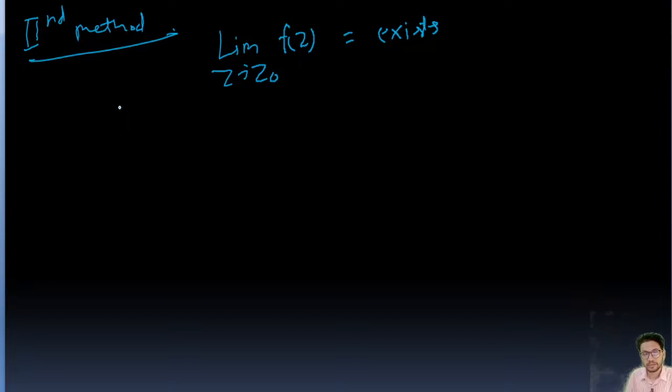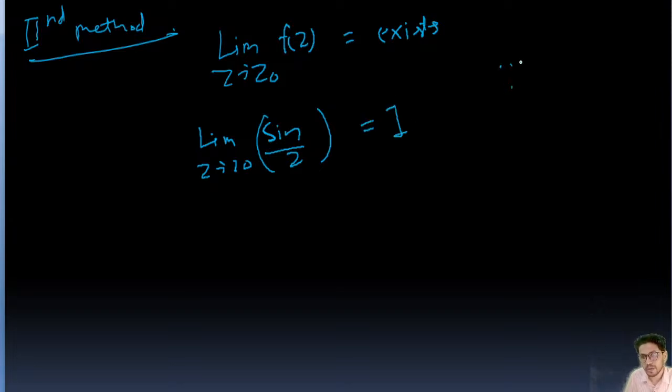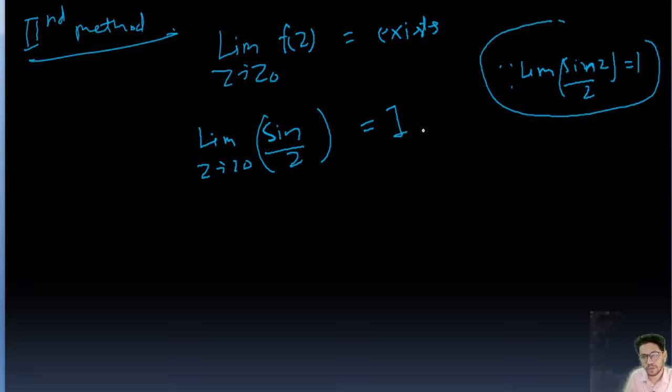So we write the limit as z tends to 0 of sin z upon z, and we know this value is 1 always, you need to note it down. Since this is 1, the limit exists, so z equal to 0 is a removable singularity.